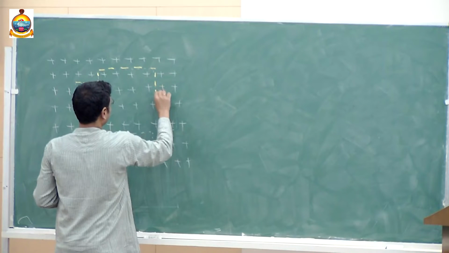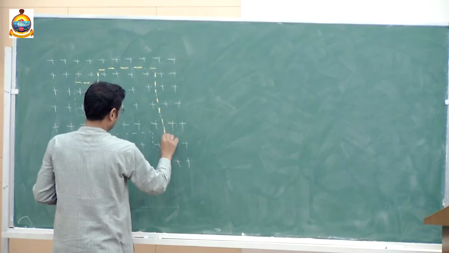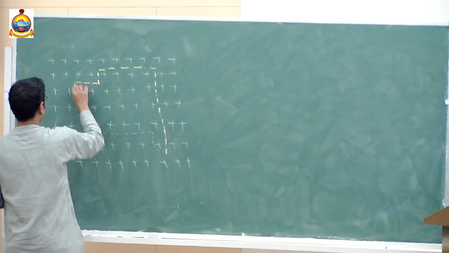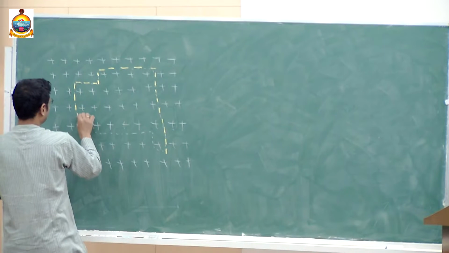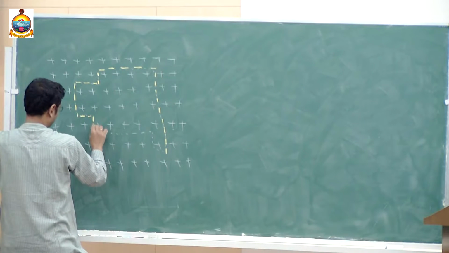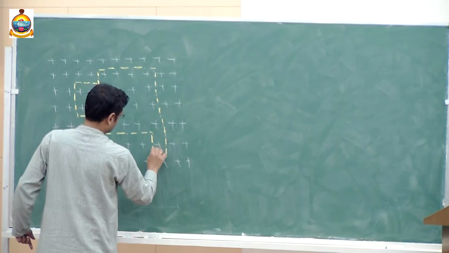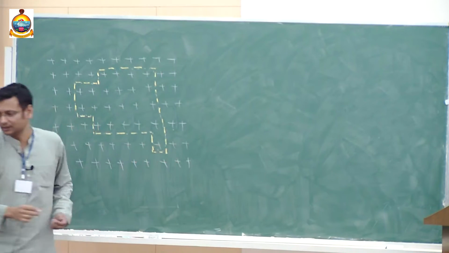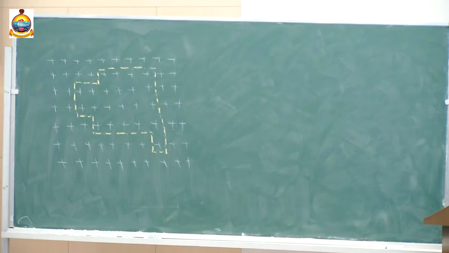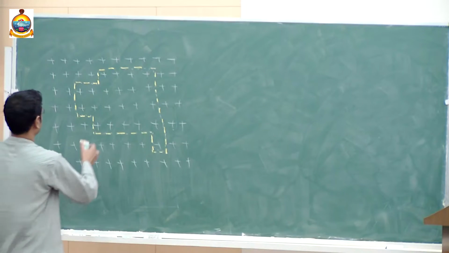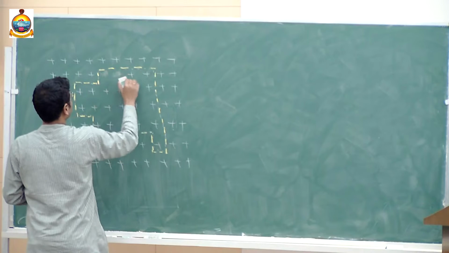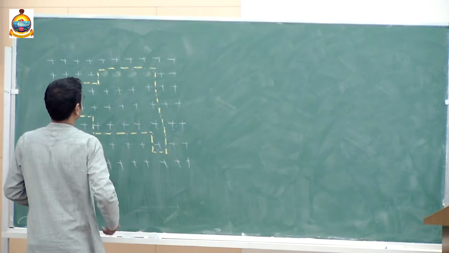So I'm making a domain in 2D, and I'll flip all the spins inside the domain. So I'm doing exactly the same thing as I did in 1D. That's what I'm trying to do. So all these spins become minus, okay?